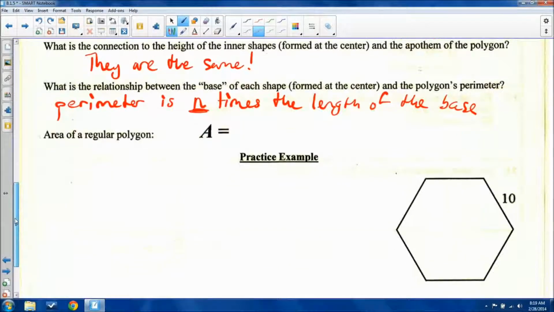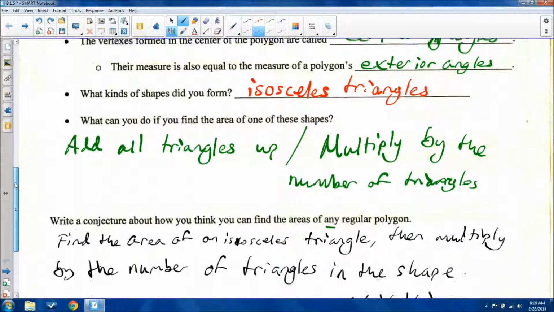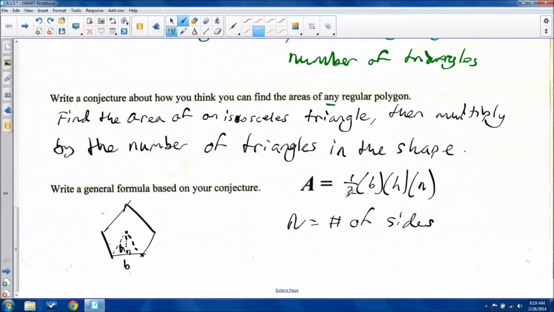So area of a regular polygon. Remember before we said the area of one small triangle is 1/2 base times height, then multiply by the number of sides. Now that we're talking about the polygon in general, let's not say height anymore. Let's use apothem, the apothem of the polygon, like this one right here. So instead of h, we're going to be using a. Instead of b and n, what about b times n?